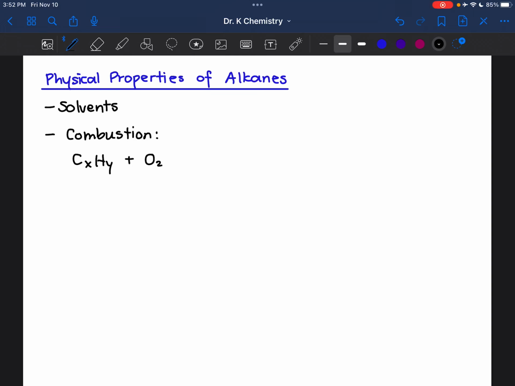And if that reacts with oxygen, it's going to produce carbon dioxide and water. Since alkanes are hydrocarbons, they fall into this category and they do combustion reactions. Because they do combustion reactions, they are commonly used as fuels. So for example, if you've ever used a propane tank or butane in a lighter, you have used alkanes as fuels.